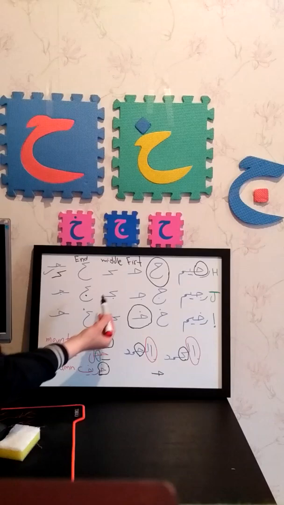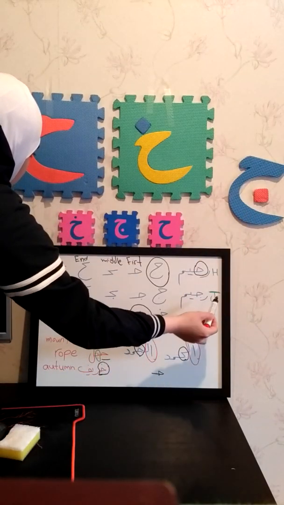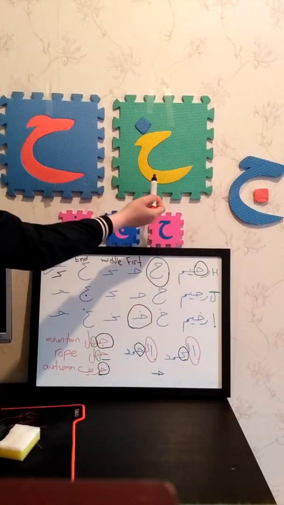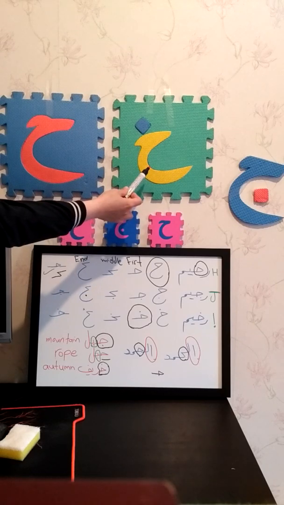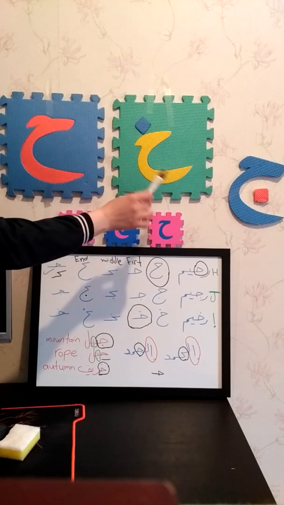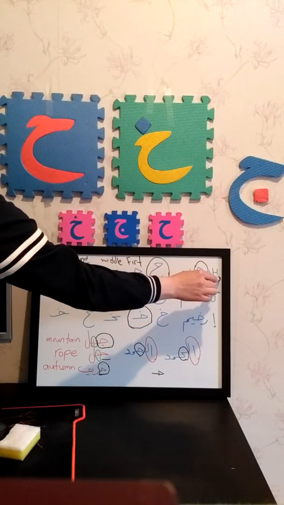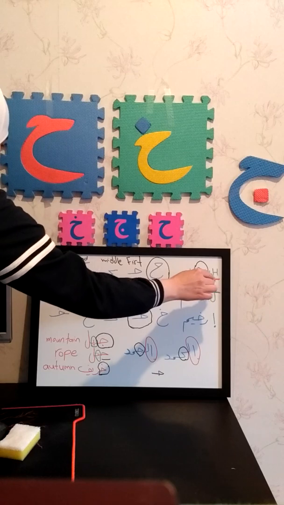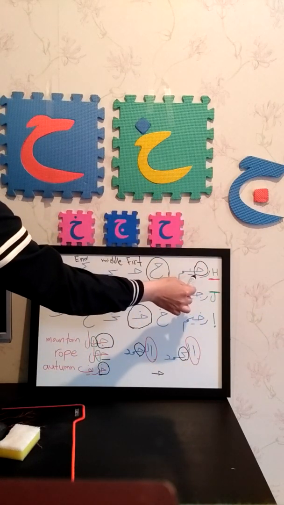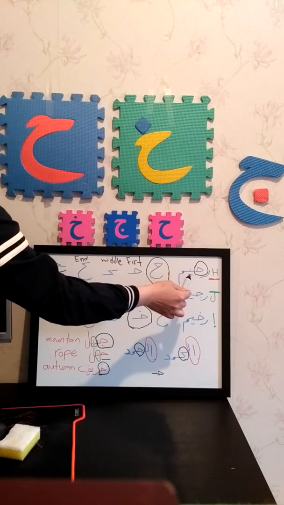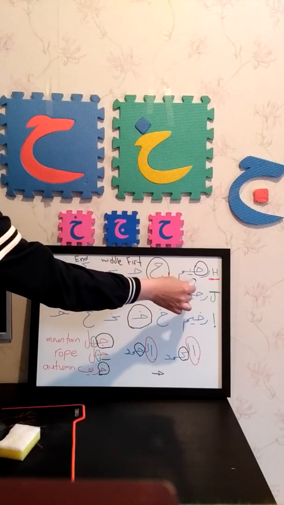Jim here, j. Kha, this is the new letter. Foreigners always pronounce ha instead of rahim, but you must say rahim, merciful.